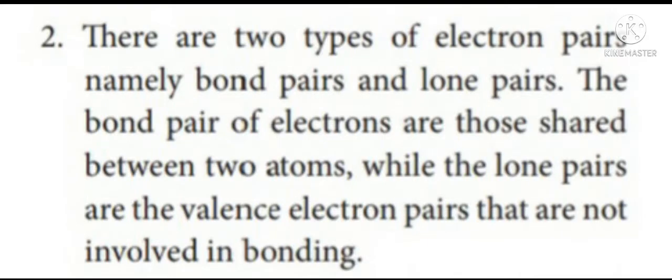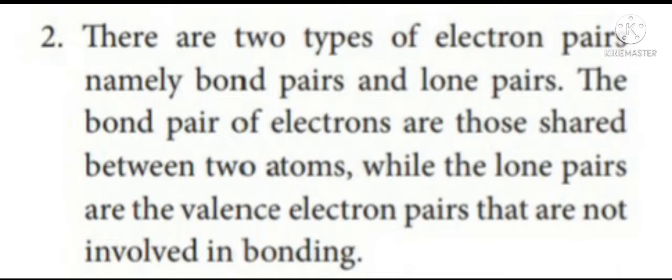Second point, there are two types of electron pairs, namely bond pairs and lone pairs. The bond pairs of electrons are those shared between two atoms, while the lone pairs are the valence electron pairs that are not involved in bonding.